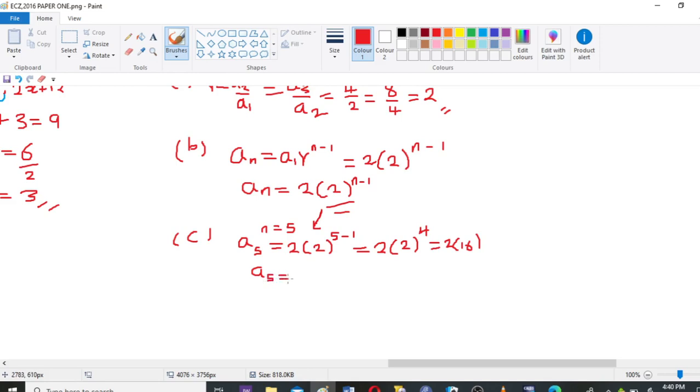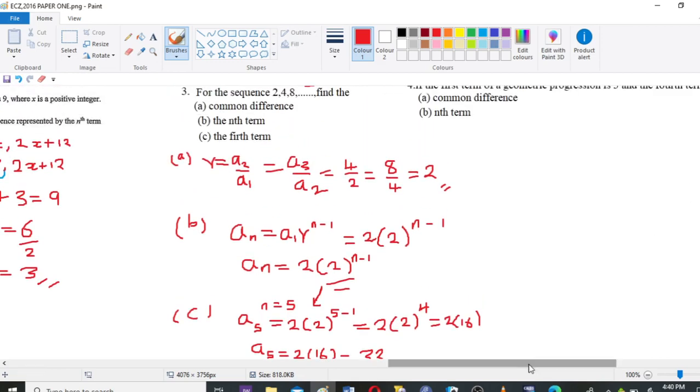The term that we'll find on position 5 will be 2 multiplied by 16, which will give us 32. So that is our fifth term.